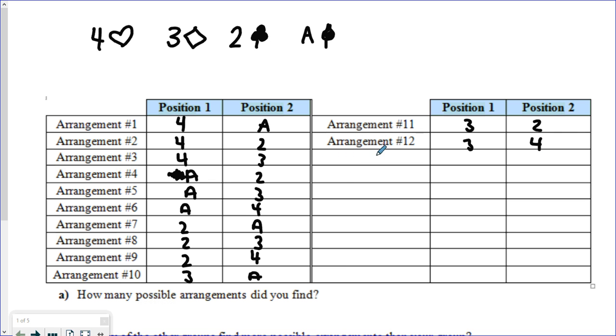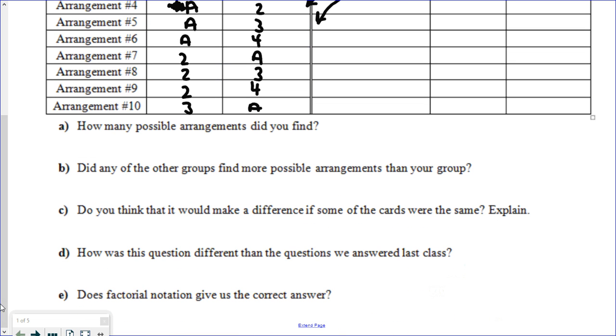If you try to add another one, whatever you put in these 2 spots is probably somewhere else here. So there are 12 different ways to arrange 2 cards, choosing 2 of the 4 possible cards. In total, we found 12 possible arrangements. Oh, not 12 factorial. Don't write an exclamation mark.